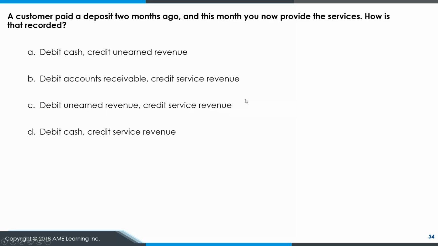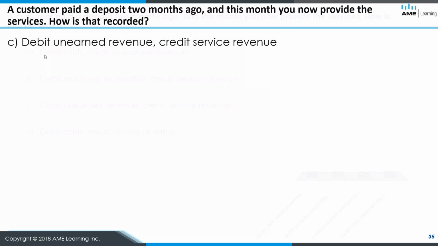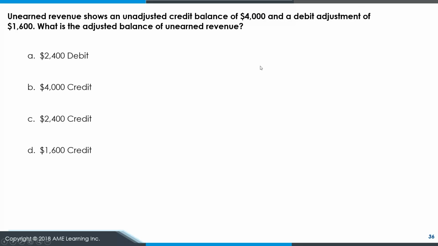And we're going to credit service revenue to show that we did earn that revenue, in that month, whatever month that was, that we did provide the services. So debit unearned revenue liability goes to 0, and then credit service revenue to increase that.